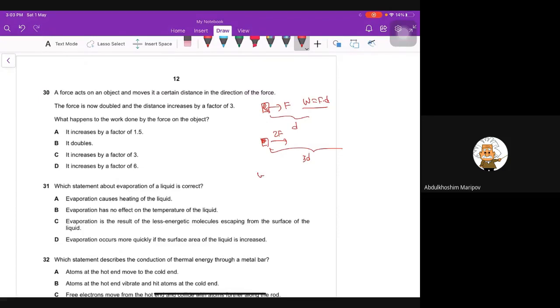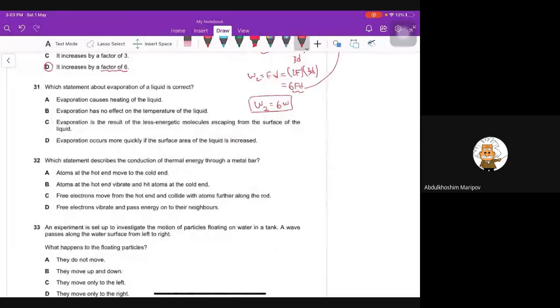New work done, in the second case, is force times distance. The force this time is 2F and the distance is 3d. So this would be 6Fd. Fd was initially the work done by the first person. So compared to the first, the work done increased by a factor of 6, and it's D.